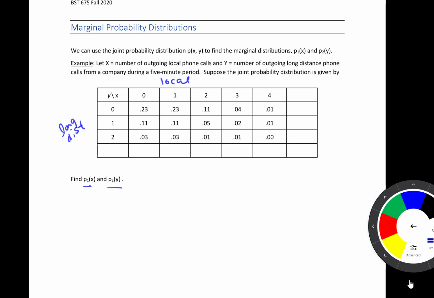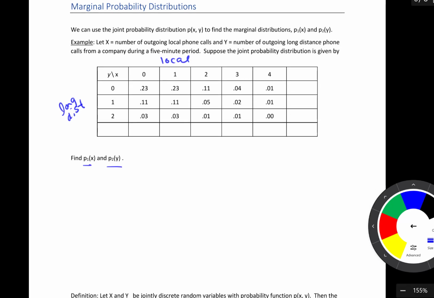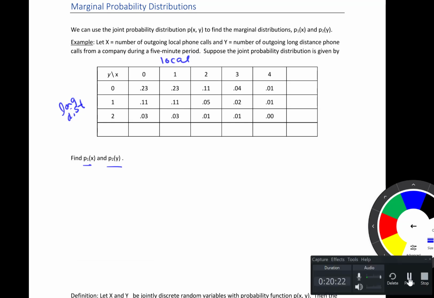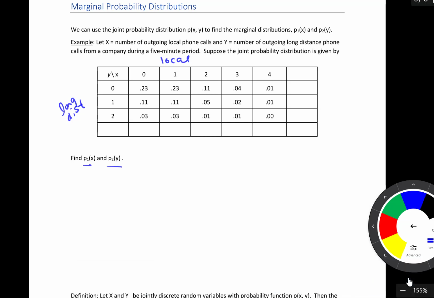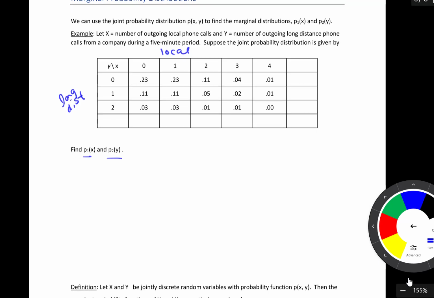So let's start out by looking at that marginal distribution for x. Notice that x can take 4 different values, 0 through 4. So if we want to look at the marginal of x, let's just say at 0, what we're going to do is look at the probability x equals 0 across all the possibilities for y, which are 0, 1, and 2.